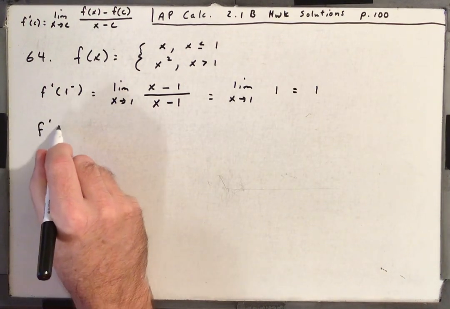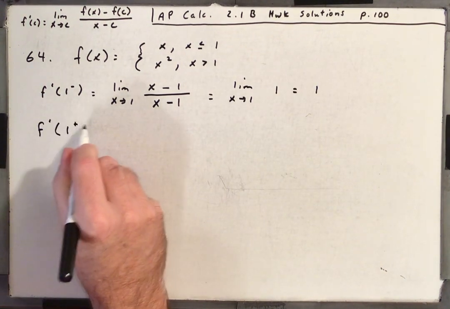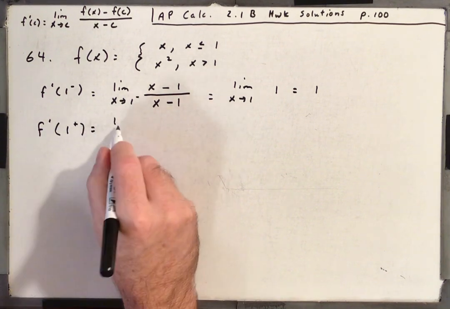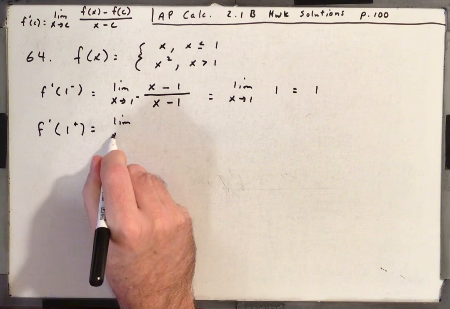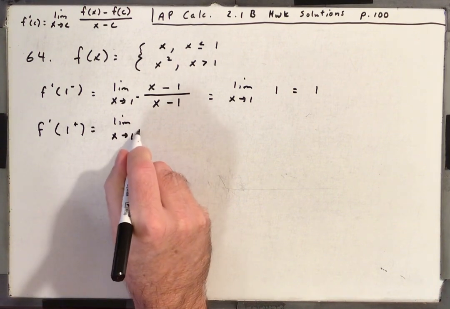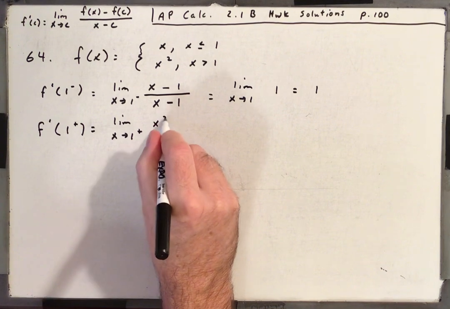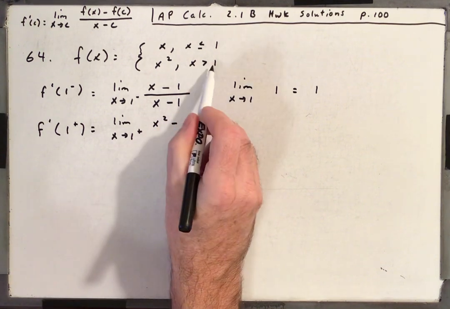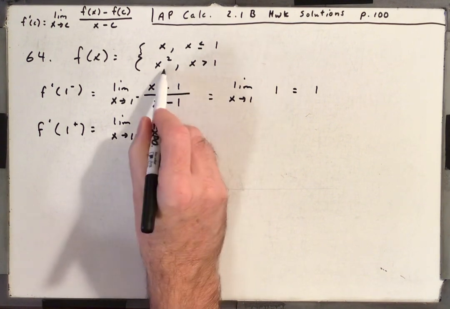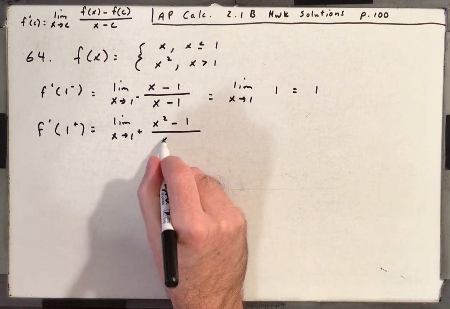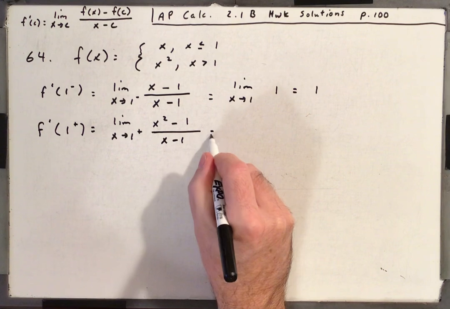Now f prime of 1 to the right, this is the limit as x approaches 1 from the right. f of x is x squared. f of c would be plug 1 into x squared, and that's 1 squared, which is 1, over x minus 1.